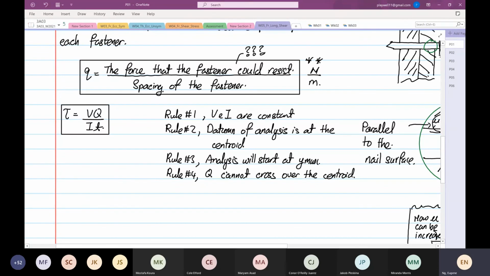Nothing new, right? You know these 4 rules. The only thing that is new is that Q is equal to the force that the fastener could resist divided by the spacing of the joint. Like I mentioned before, you can apply these 4 rules from the beginning of the shearing stress chapter up to the end of the shearing stress chapter.